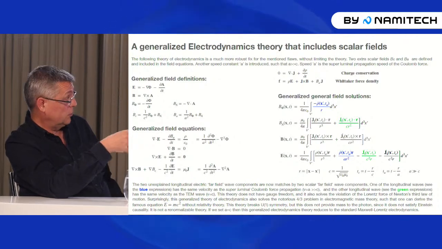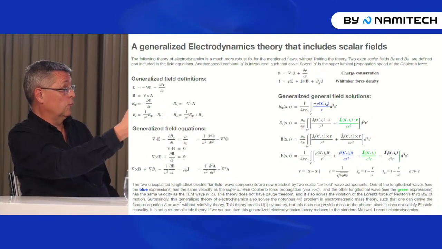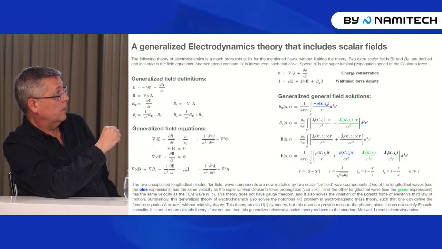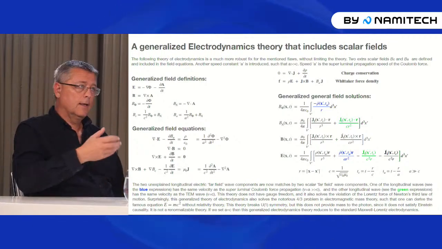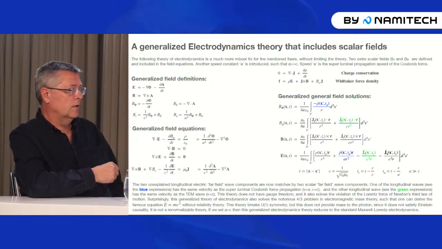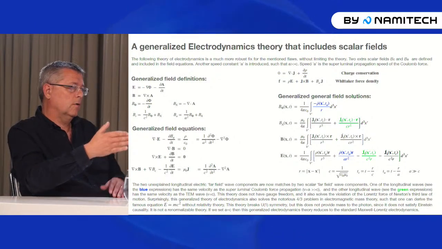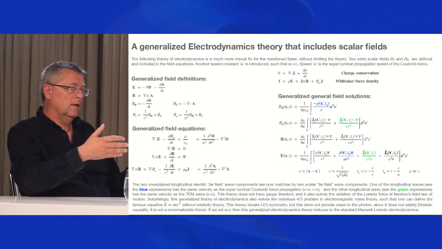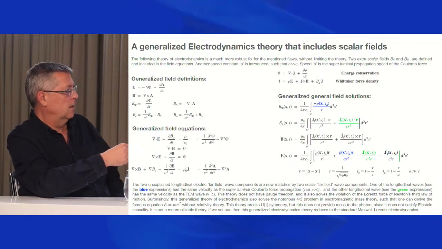And then you get a much richer electrodynamics, which you see at your right-hand side, generalized field solutions, and especially the green and the blue terms are now scalar electrodynamic waves where the electric field component is longitudinal. So this goes together, that you have a scalar field and a longitudinal electric field together that form a wave, actually.